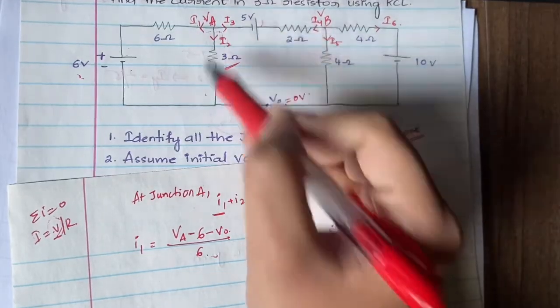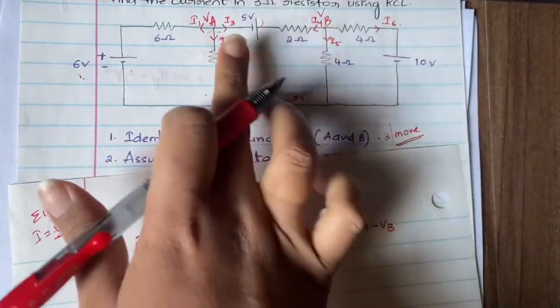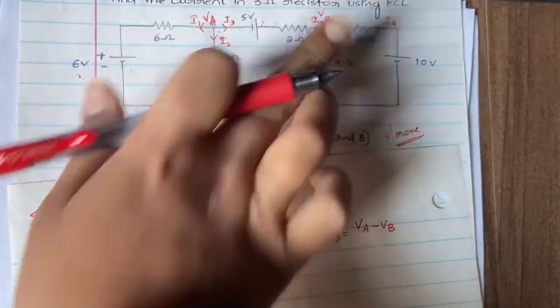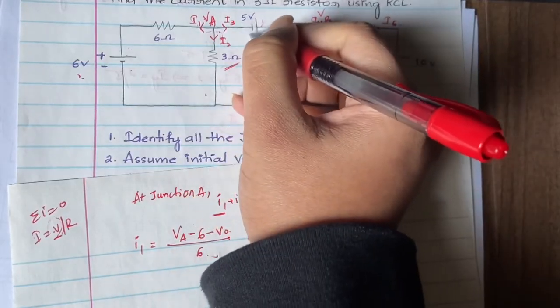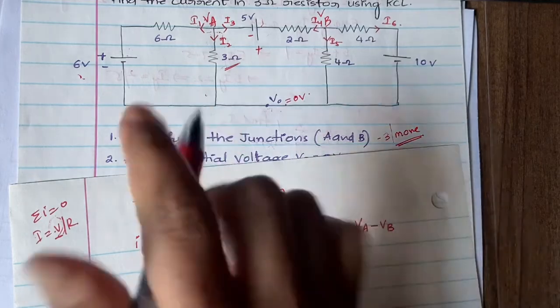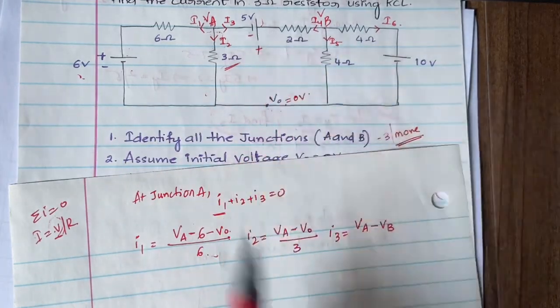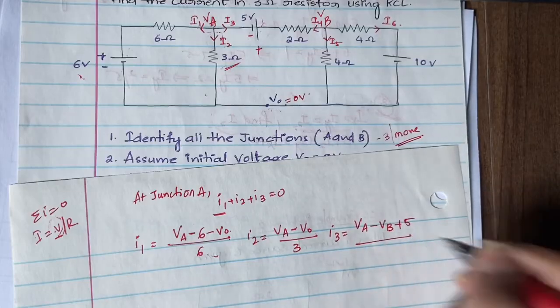Then what sign will you give to 5? See, forget about higher potential, lower. Of course, it is going from higher potential to lower potential only. But here what is happening? This is the negative and this is the positive sign, right? So it is going from negative to positive, that is lower to higher. That means it will be taken as plus 5.